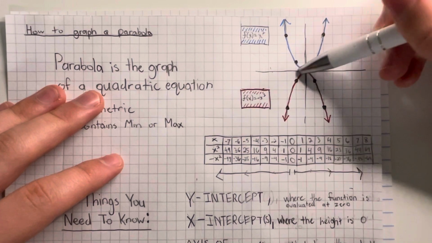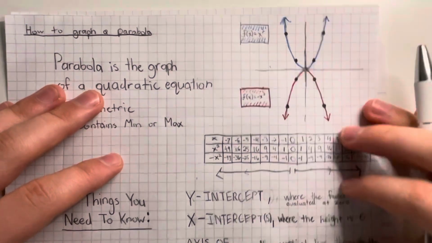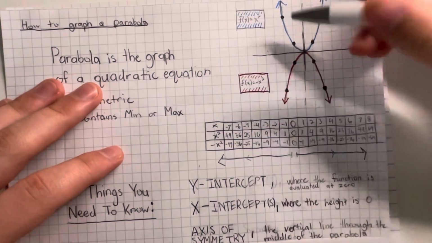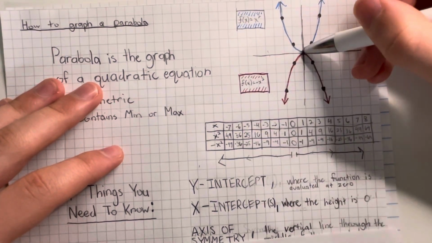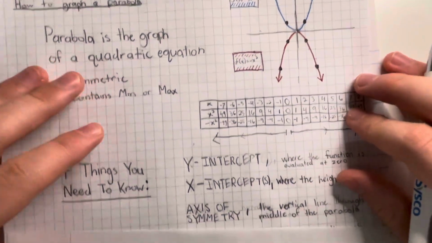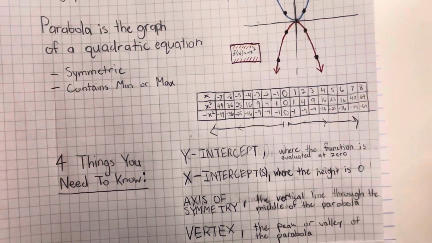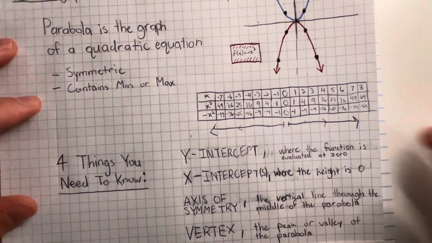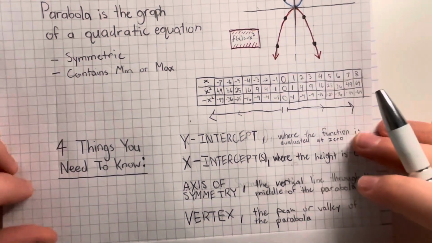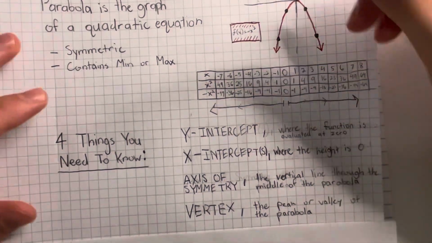That also is x equals 0. And the vertex is the peak or valley of the parabola. For both of these, it's also 0, 0. It's the origin. Just so you know, a vertex is a coordinate. It's a pair of points like x, y. It's not just one thing, it's 2 dimensions.